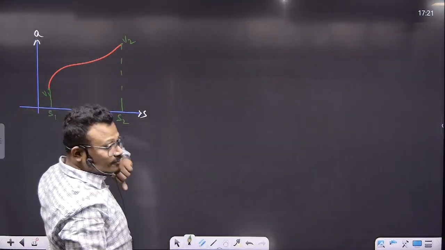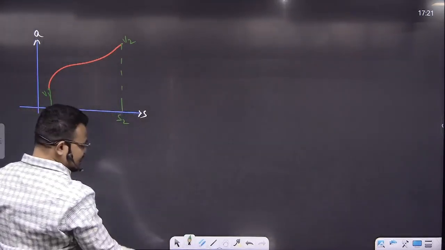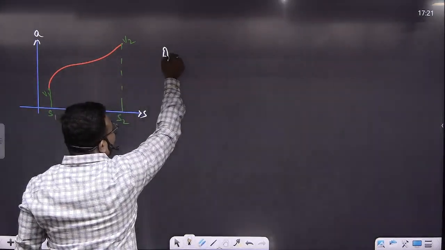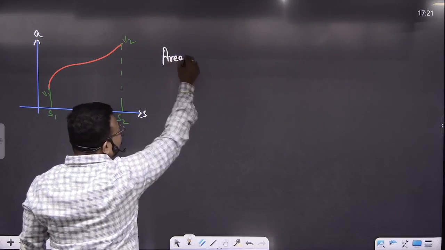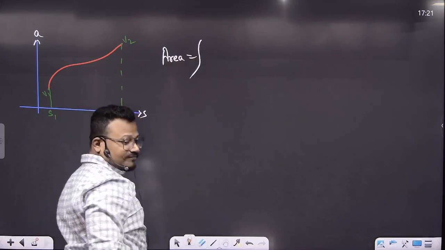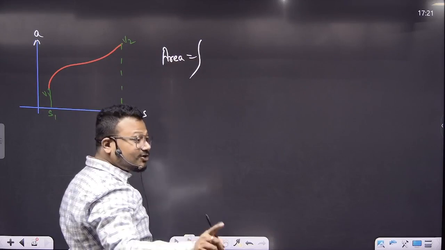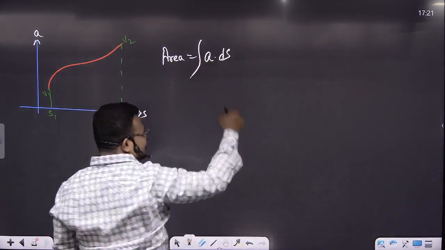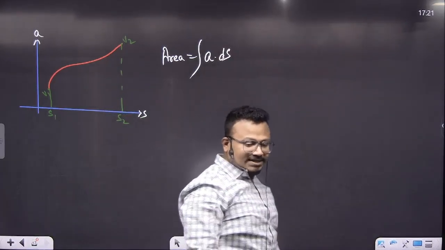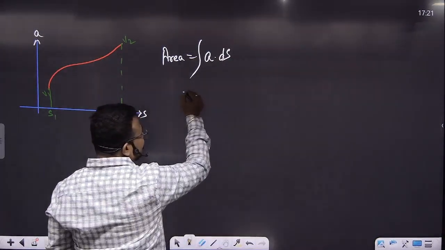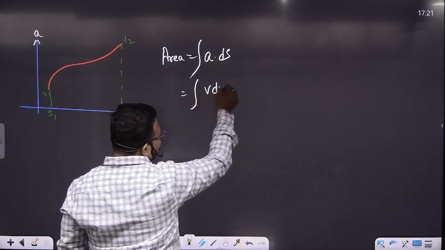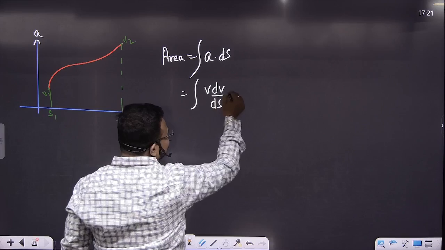So what did we take there? Integration. Integration tells us about the area. The area will be equal to the integration of a ds. What is a here? We can write a as v dv by ds, times ds.